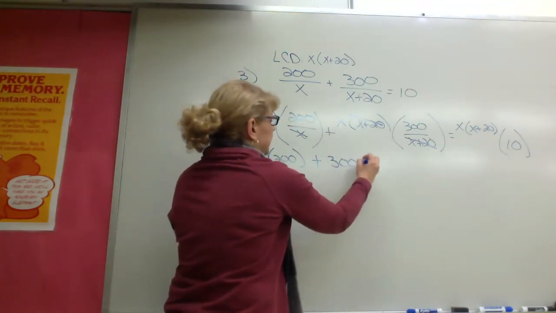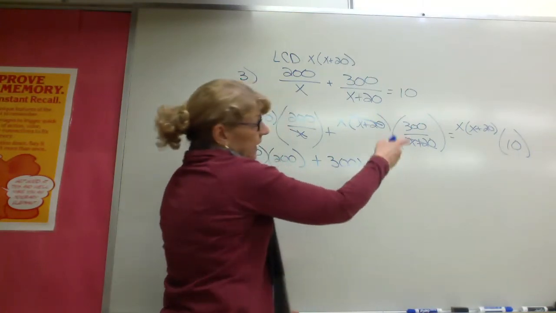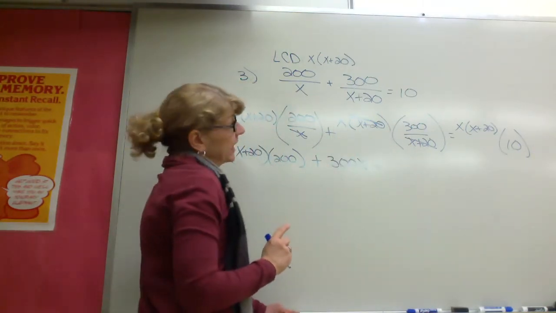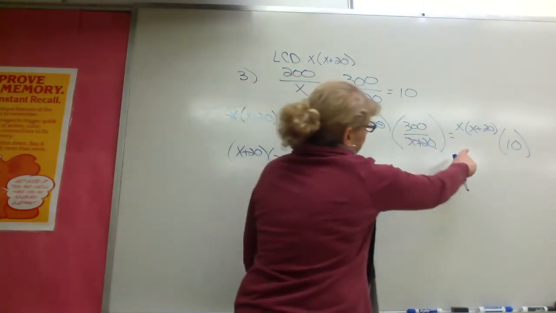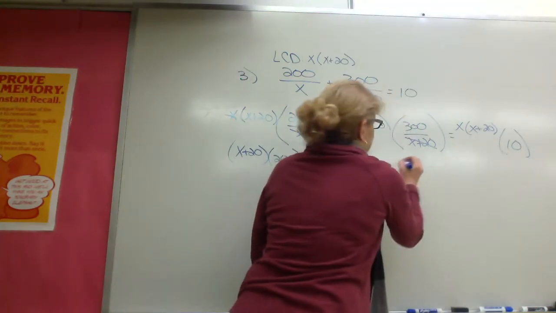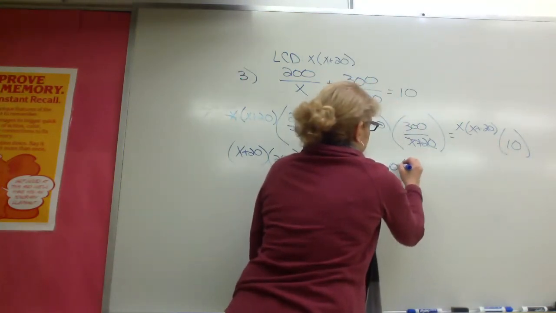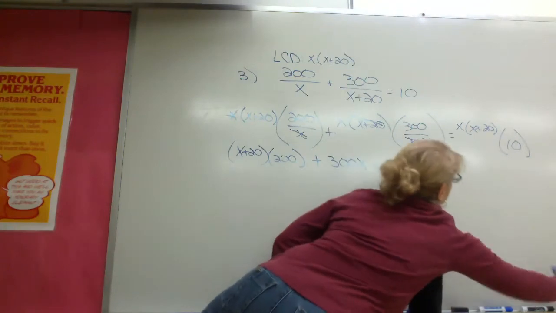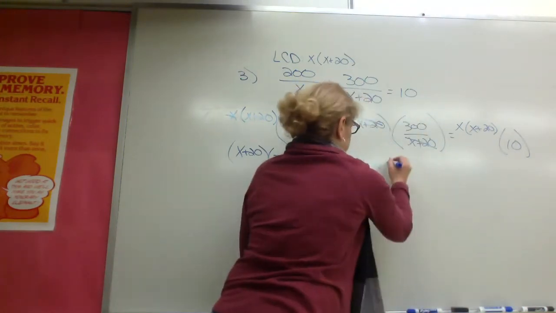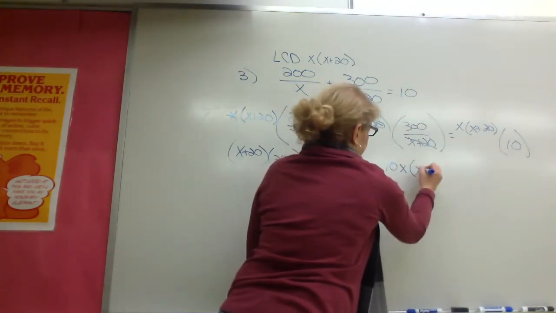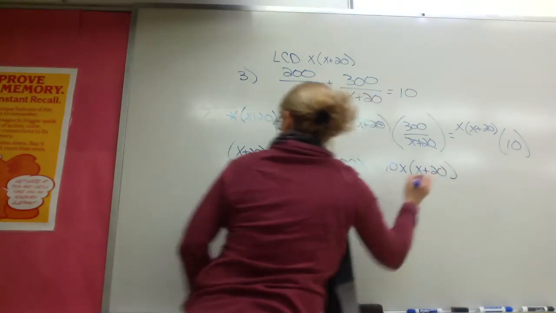That gives me 300x. And then on the other side, for that last expression, I'll just multiply 10x times x plus 20. Okay.